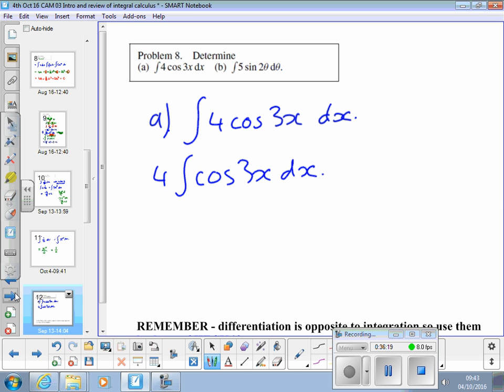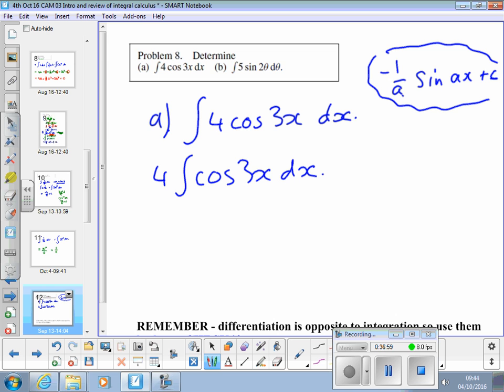So immediately bring any preceding constant outside the integral sign. And then the standard integral for the cosine function is 1 over a sine ax plus c. That's the entry in the table we're using.